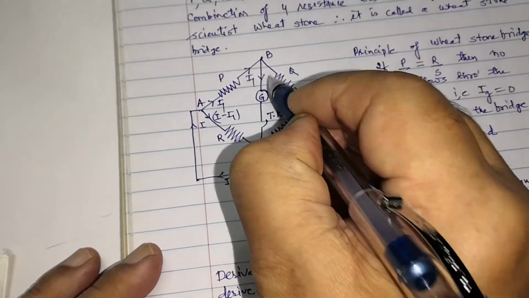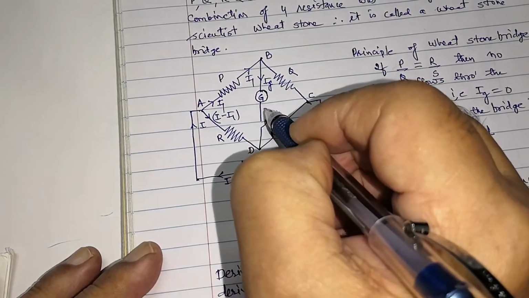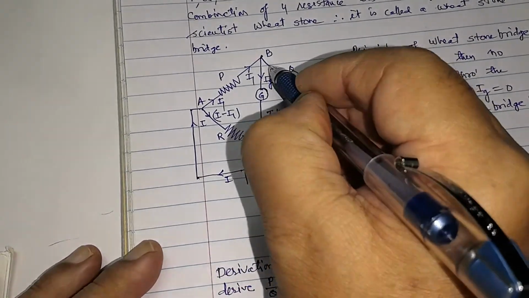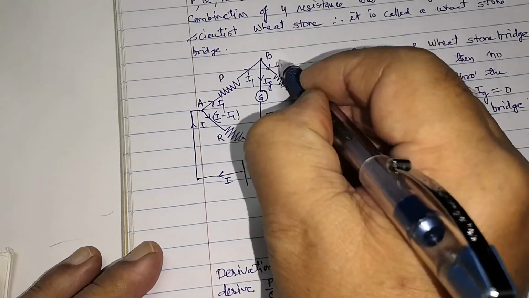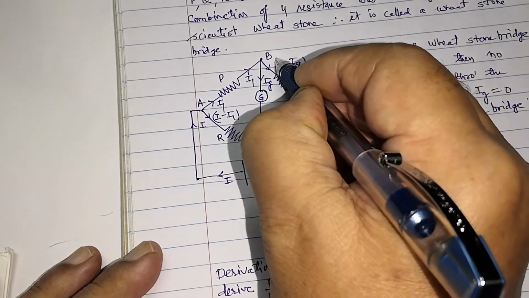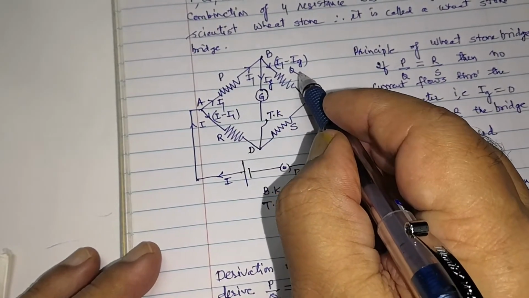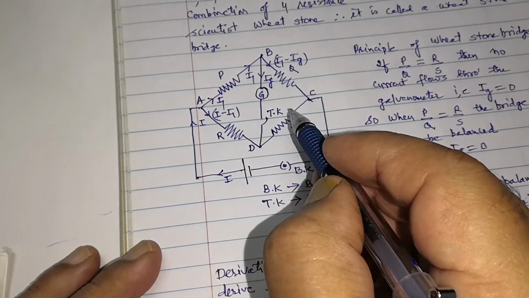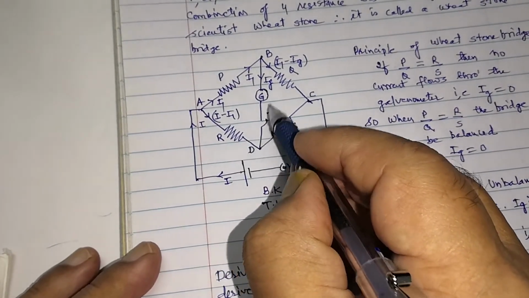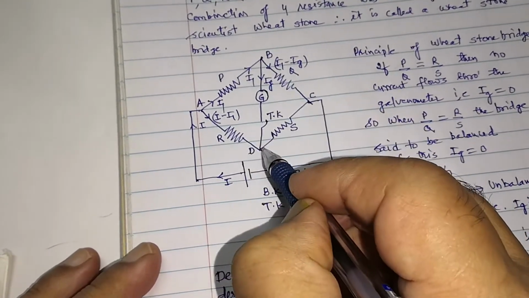Let Ig be the current going through the galvanometer from the point B to the point D. So the remaining current would be I1 minus Ig, which would flow through the resistance Q. The tapping key is pressed, therefore the current Ig is flowing through the arm BD, as we are able to see.